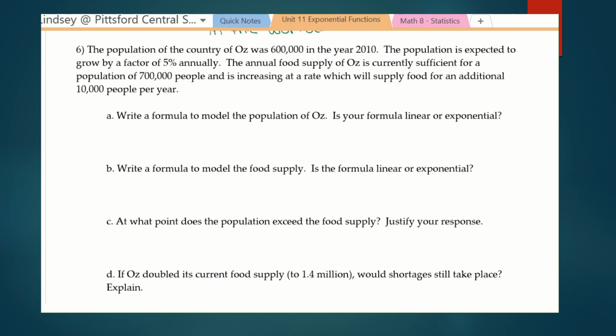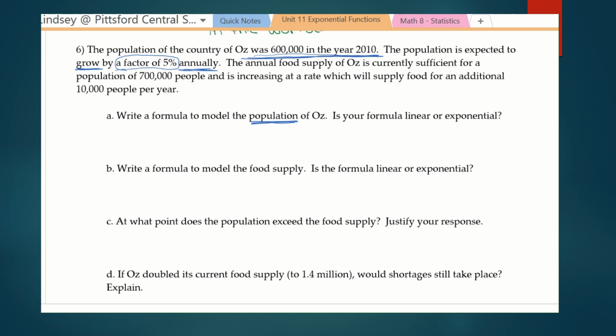So the first thing we're going to do is write a formula to model the population of Oz. Let's pick out all the information. I'm going to put this in blue that goes along with the population of Oz. First thing is, it was 600,000 people in the year 2010. The population is expected to grow by a factor of 5% annually.